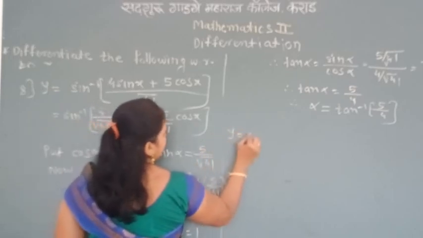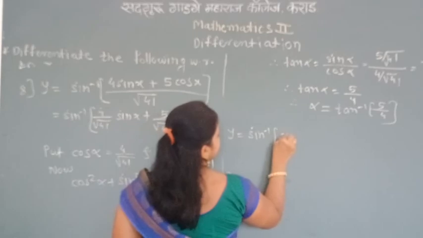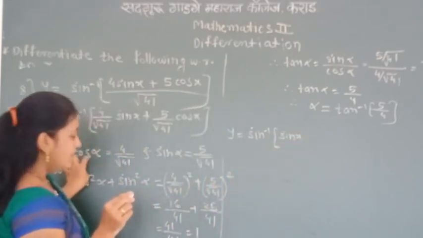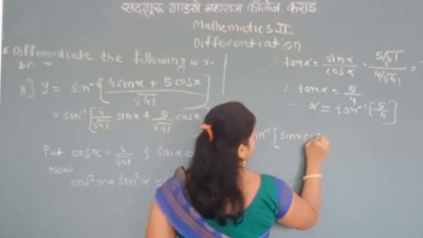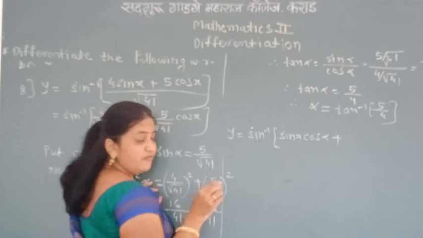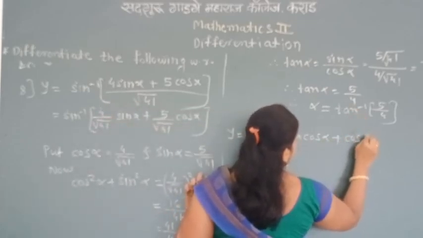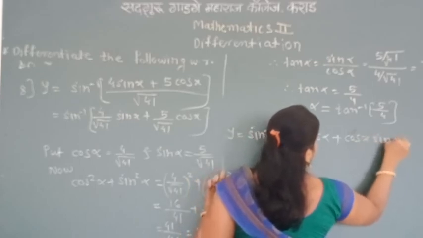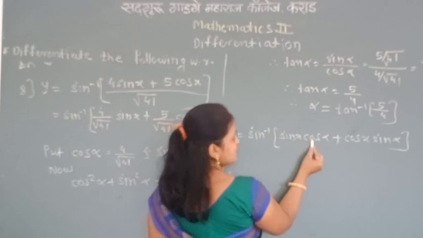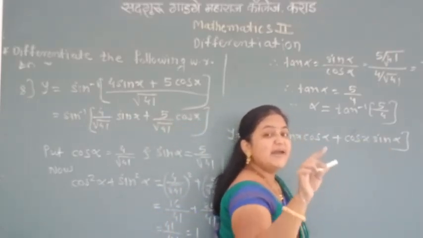So y is equal to sin inverse as it is. Here sin x multiplied by 4 upon square root of 41, we can write cos alpha, plus cos x as it is, 5 upon square root of 41, we can write sin alpha. Now this is the formula of sin A cos B plus cos A sin B, the formula of sin (A plus B).